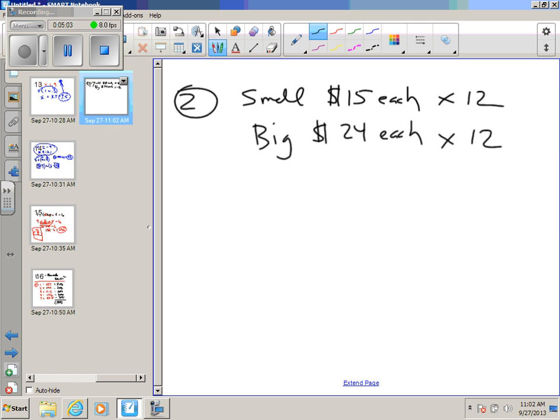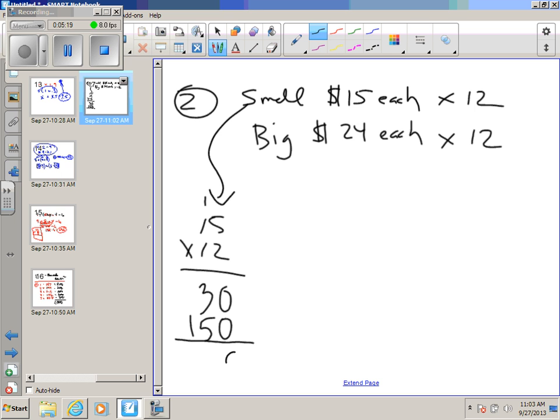We need to find out how much each box is, and then we got to add them together. So the first one, the small, let's go 15 times the 12, 10, 30, and 180. That's just for a box of smalls. Can I stop there, or do I need to finish?